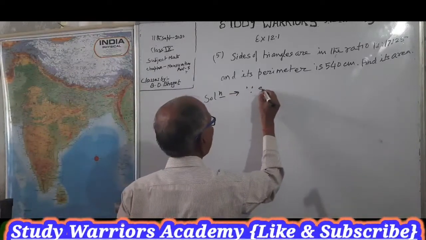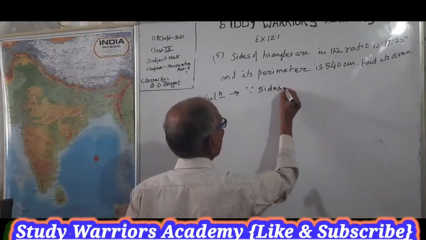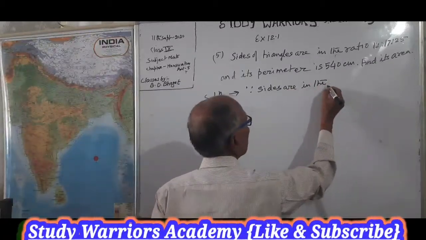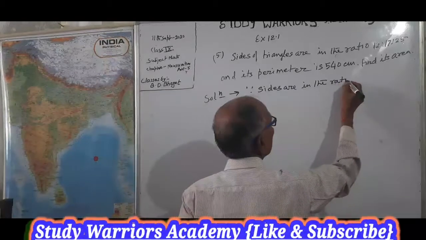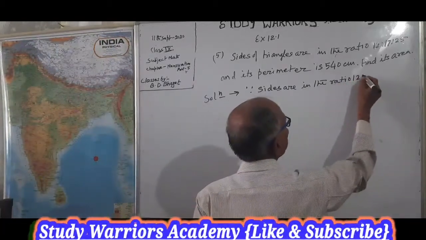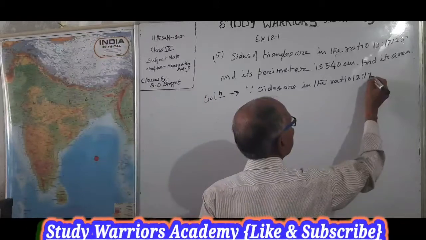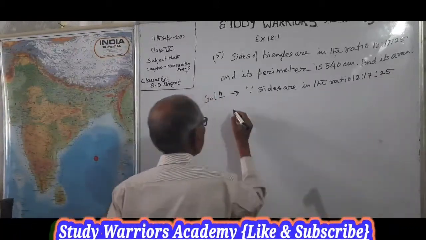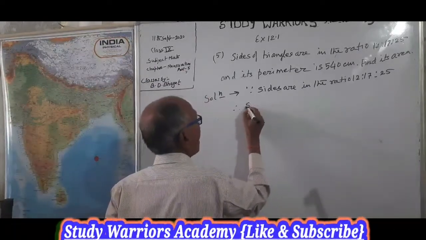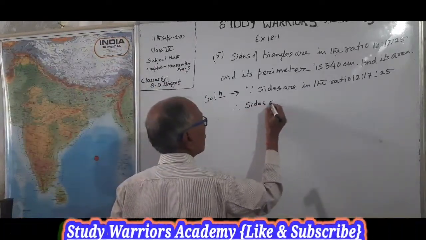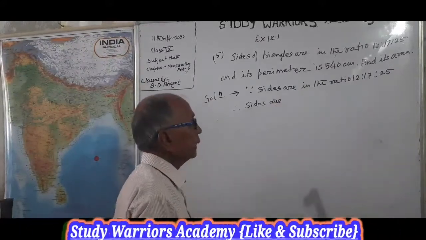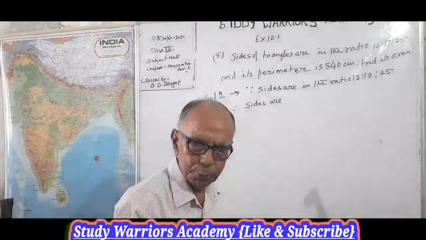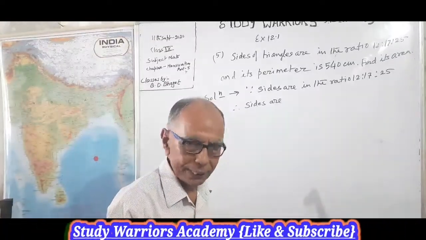Since sides are in the ratio 12 is to 17 is to 25, therefore sides are in ratio. After the ratio you put a constant term, so that this will be the length of the side.